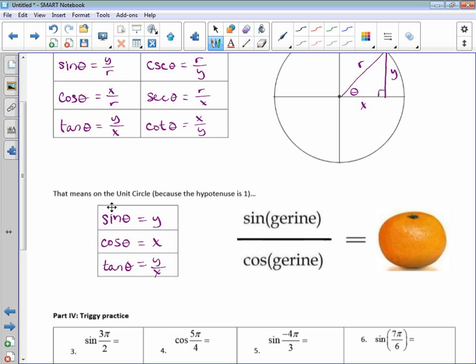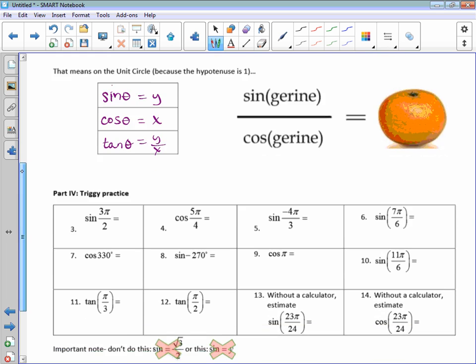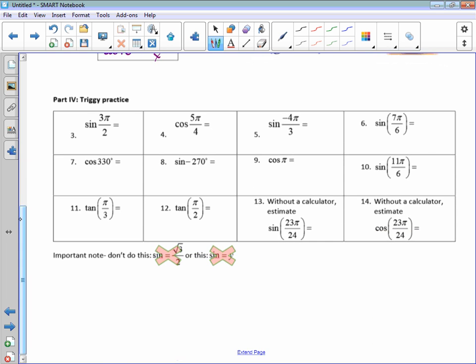All right, so let's actually use a few of these. So, what we're doing now is thinking about the unit circle we just created, and you guys can flip back to it right now because I know it's not solid in your brain just yet.